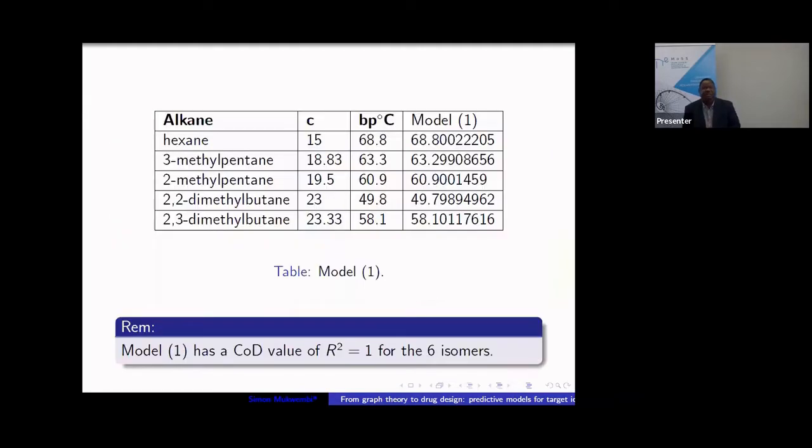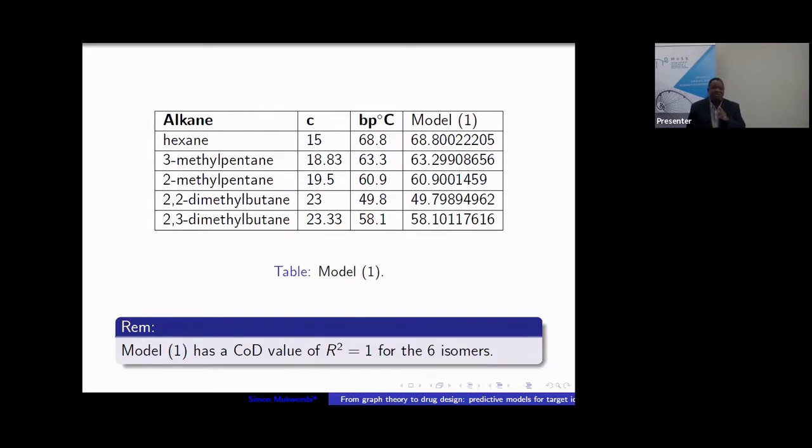So we tested the model. And if I am just to show you a snapshot of our results, you will see that the first alkane in that table is hexane, and it has conduction 15 that you can calculate using the formula. And it is known from lab experiments that its boiling point is 68.8 degrees.